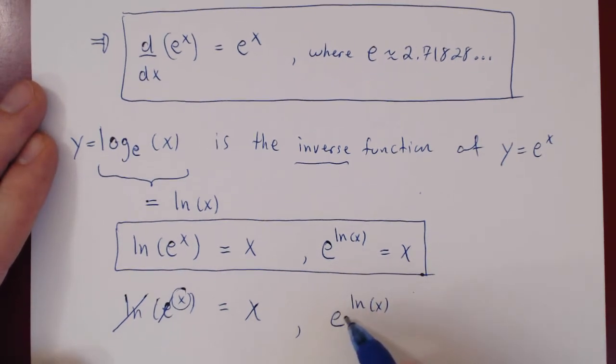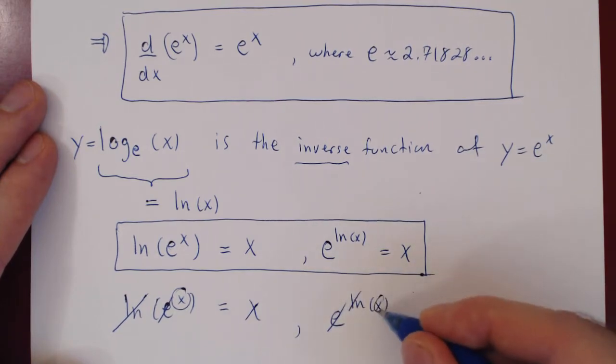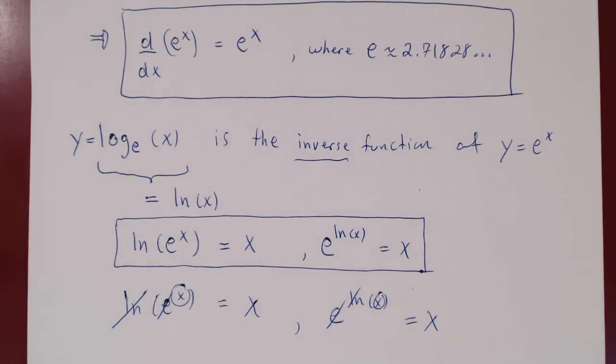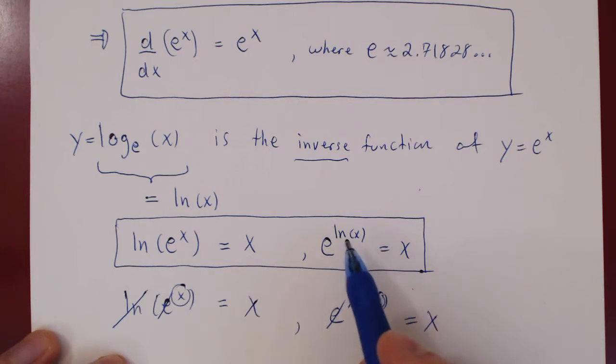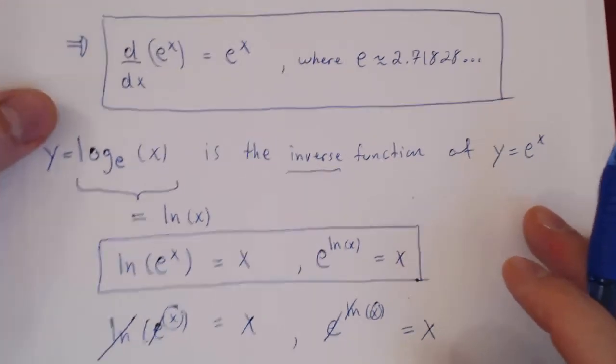So if you take e to the ln of x, e will cancel ln, and you get back once again the argument x. And now with this relationship, let's see how we can find the derivative of ln of x using implicit differentiation. And as soon as we have the derivative of ln, in our next video, we will find the derivative of every other exponential function and every other logarithmic function.